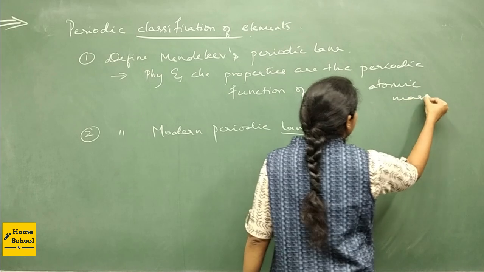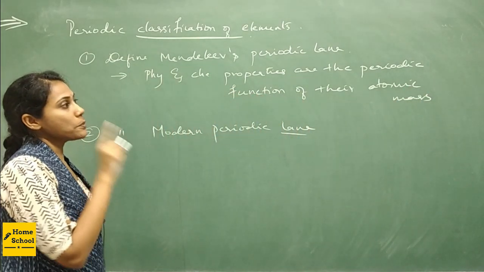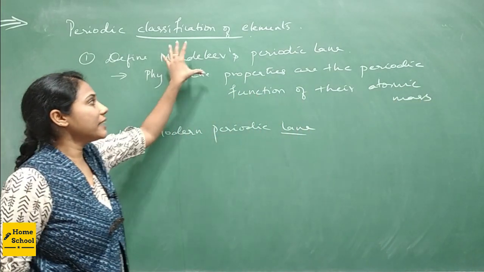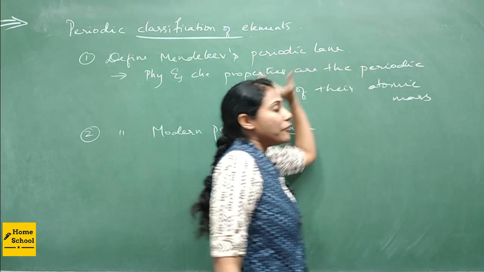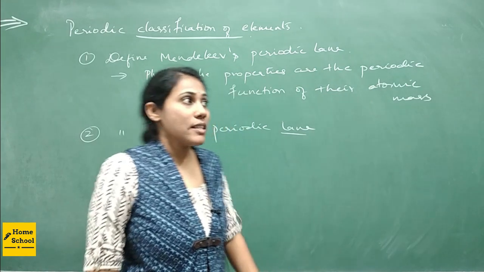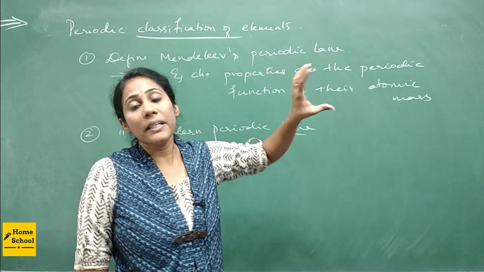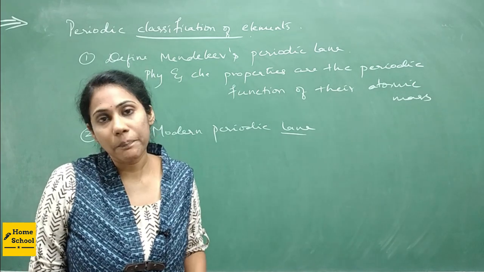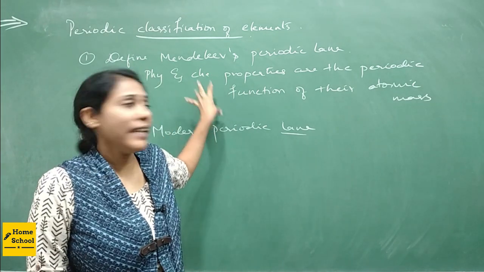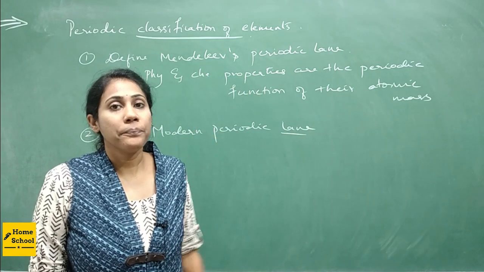This is called Mendeleev's periodic law. Physical and chemical properties completely depend on atomic mass. I mean, after certain atomic masses, the same physical and chemical property gets repeated in the periodic table. That is the exact meaning. So this is how you have to define.